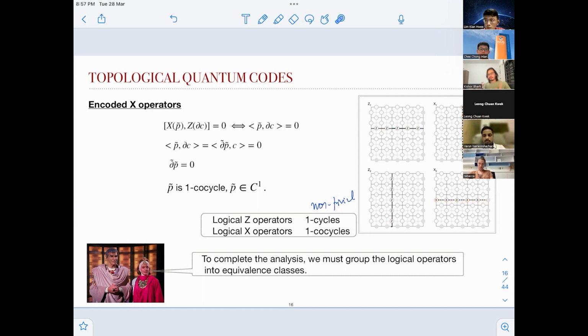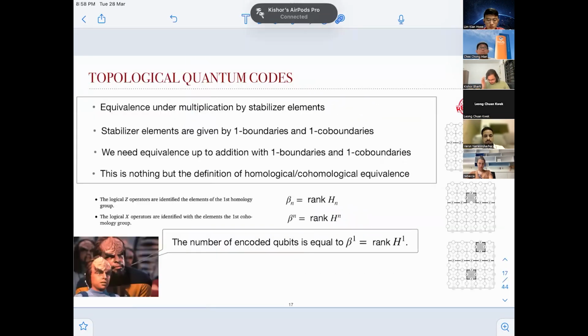So now everything fits perfectly with what we discussed in the second tutorial, the last one, and also the first one. Using all the language that we developed in the last three tutorials, we are able to describe stabilizers and logical operators. That's nice.